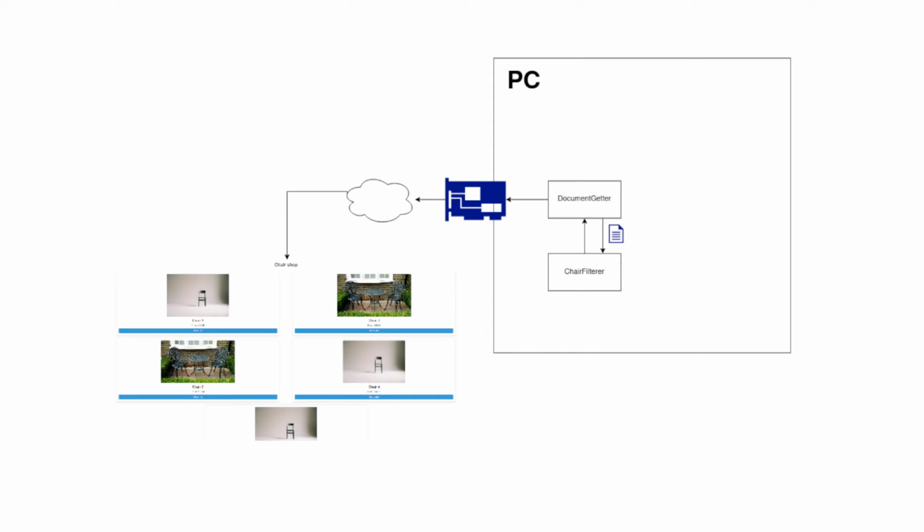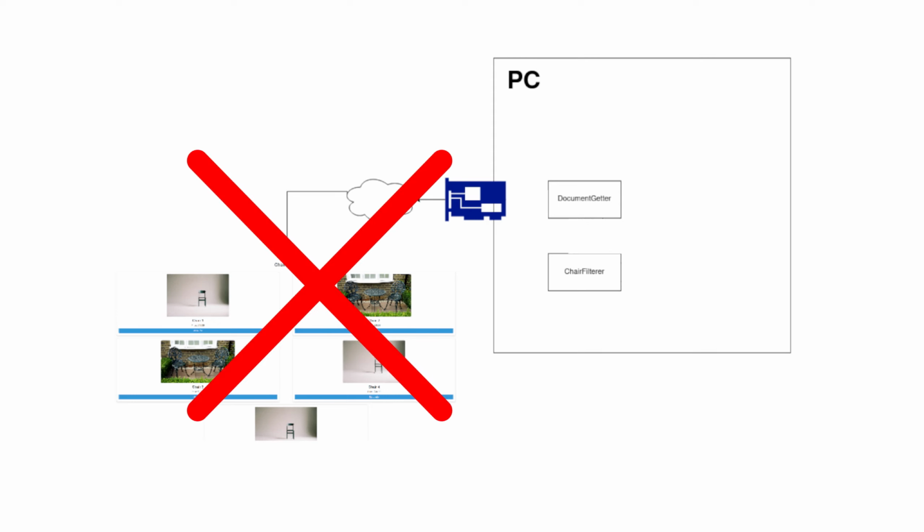What we want to achieve is to get rid of this, so that we have a mock document getter, which we program to return a specific value, and then that mock document getter gets that value from the memory of the computer and returns it to the chair filterer.